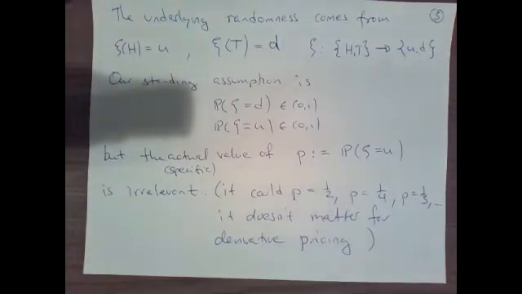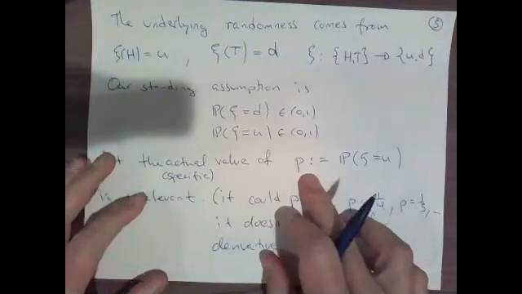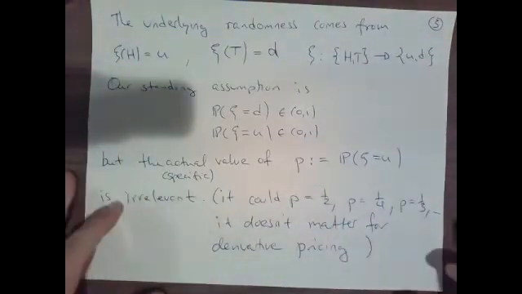Okay, so what I'm going to do now is talk about probabilities, but they're not going to be these probabilities. I'm going to talk about other probabilities. This next part can be a bit challenging, so let me try to get us through it.